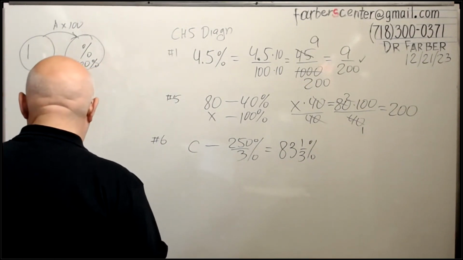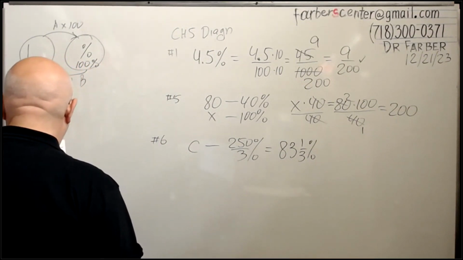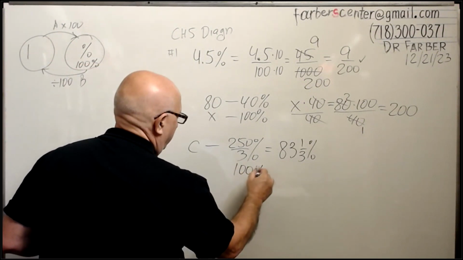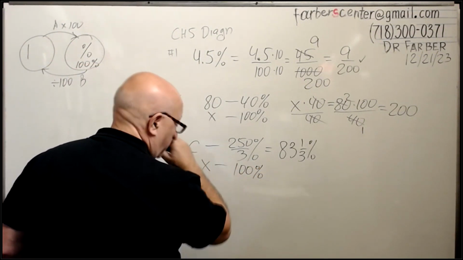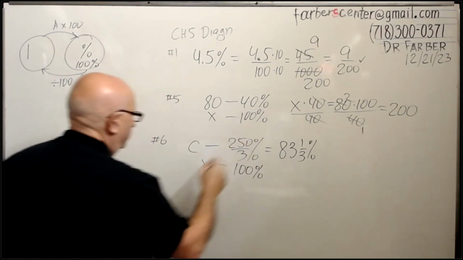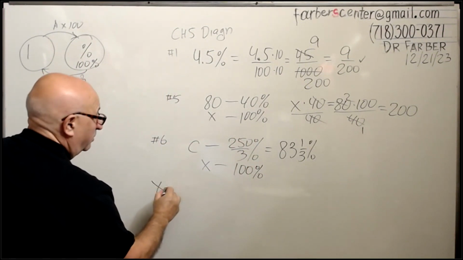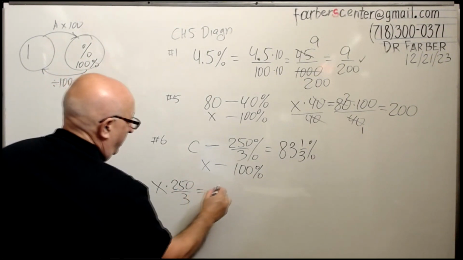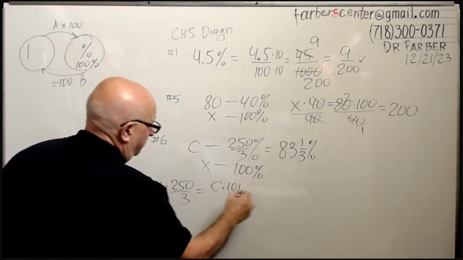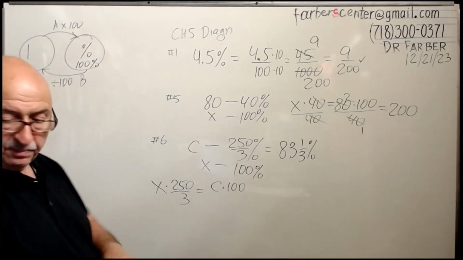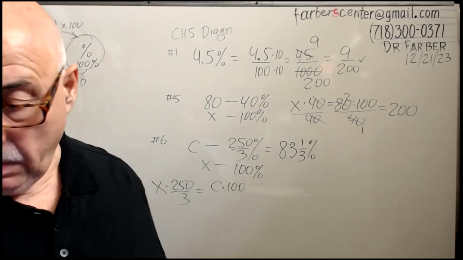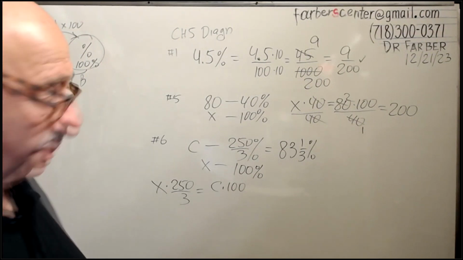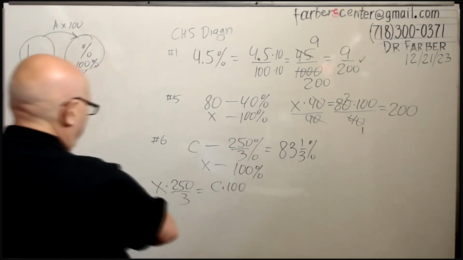And C is 83 of what number? I have no idea. Percent and a percent, and this number. Now cross X times 250 over 3 equals C times 100. Take different column and multiply reciprocally both parts by 3 over 250.